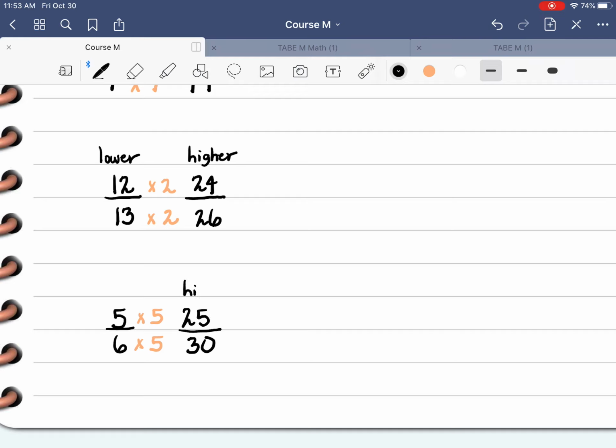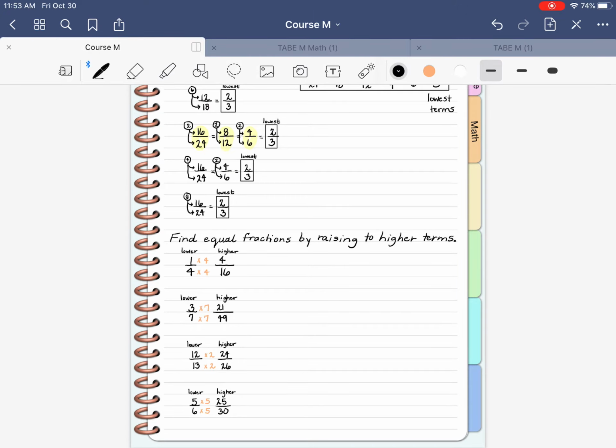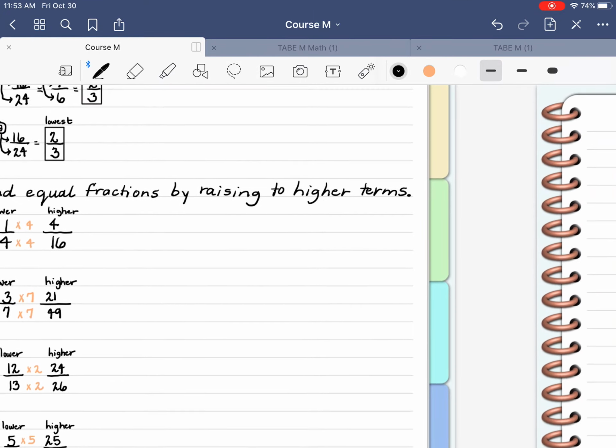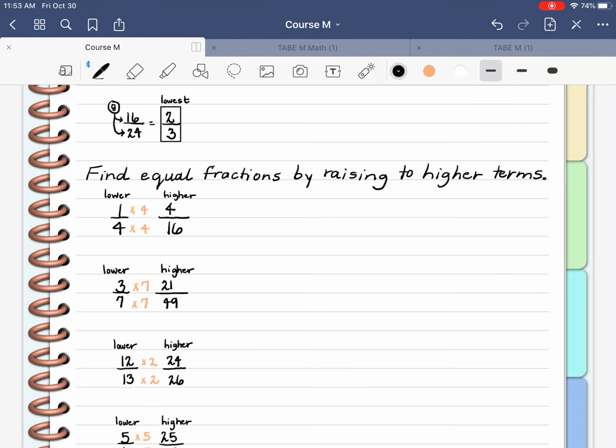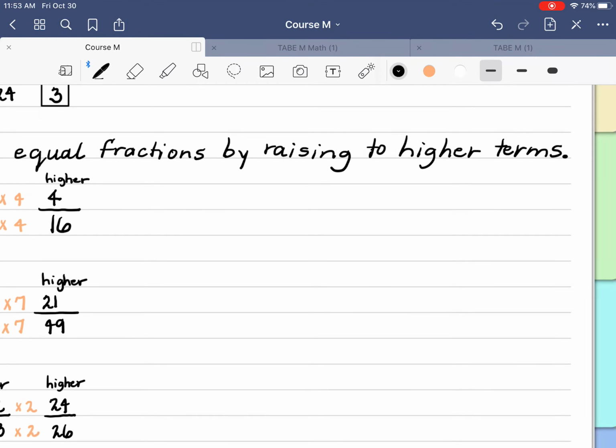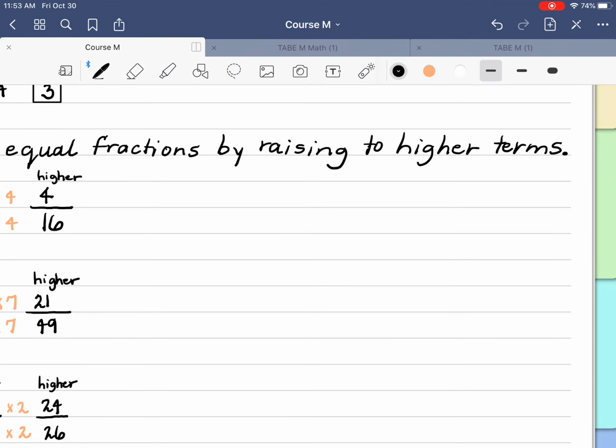We're building up to higher terms from lower terms. And since I have some room here, let's just keep practicing. This is one of those skills we can't practice too much. I'll have to make some up though because I didn't do enough of them.